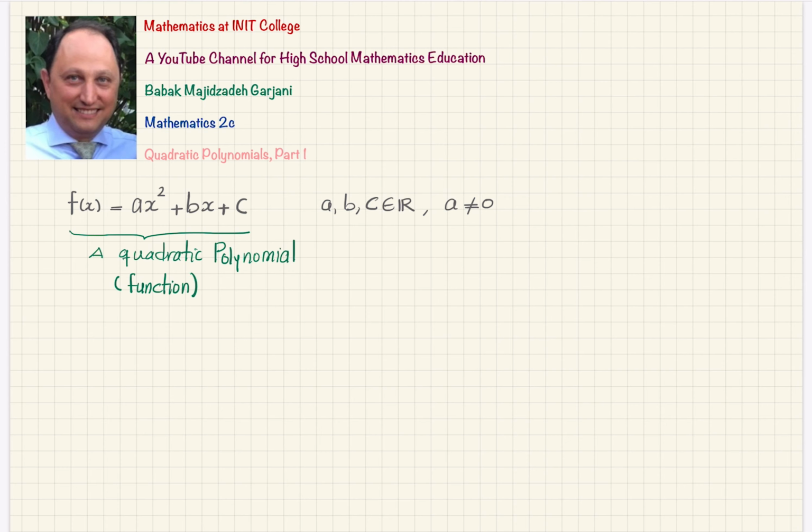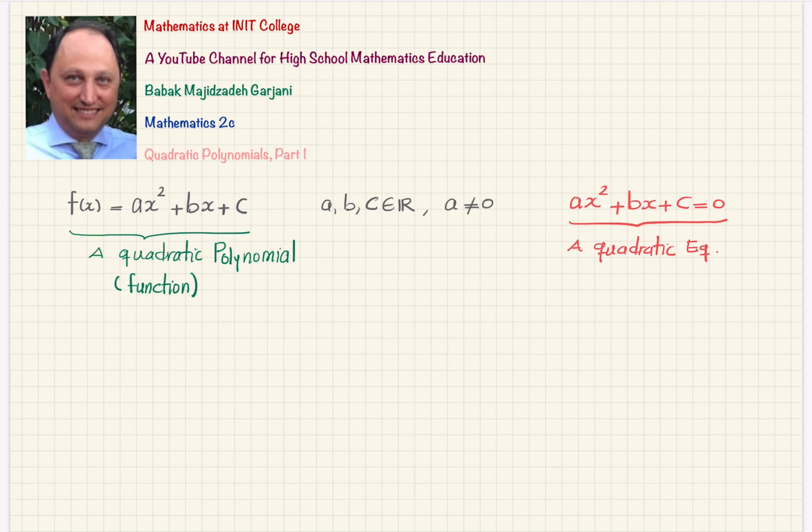Okay, so let me change my color here to emphasize that ax squared plus bx plus c equals 0 is not a quadratic polynomial. You can say this is a quadratic polynomial equal to 0, but this is called a quadratic equation. Okay, so be careful about the difference between these two.